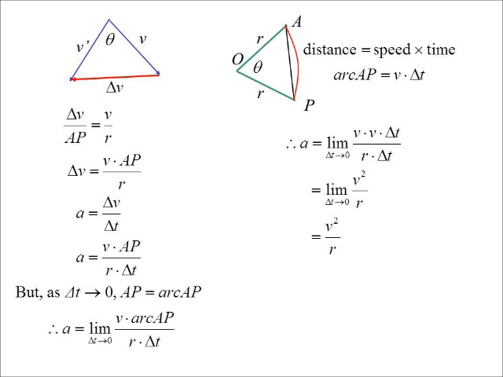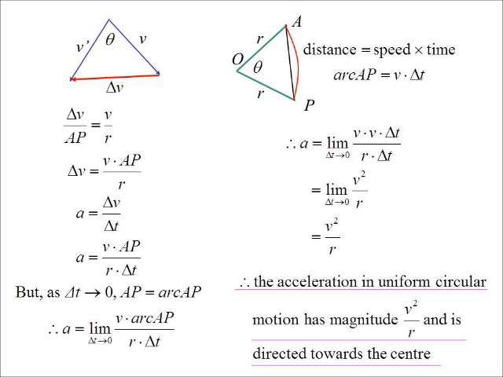Well, the delta t's actually cancel, so that change in time approaching zero is no longer a problem, because it's simply v squared on r. And there we get our acceleration, v squared on r, for circular motion. Do not panic, you do not have to derive that. It is okay to quote acceleration as v squared on r, but that's where it comes from.